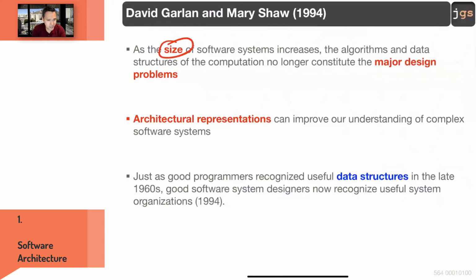Complexity, size. One of the main problems that we identified before is the organization of the elements. We have this big number of lines of code. You have this big number of whatever item you have. And the problem that you need to solve always first is how do we organize those items? How do we organize in the software the lines of code or the methods or the classes or whatever?